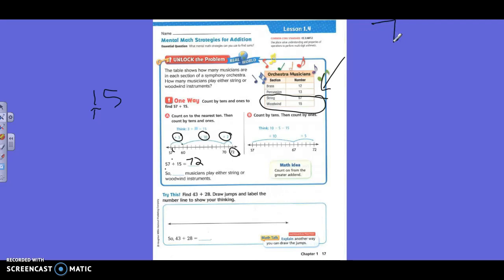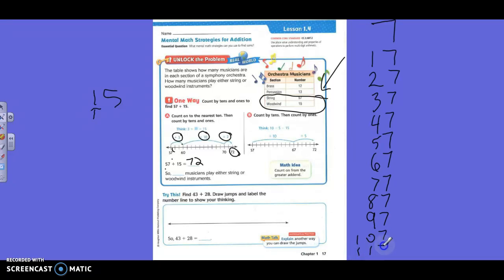It would be 7 and then 17 and then 27, 37, 47, 57, 67, 77, 87, 97, 107, 117. Okay, you see in the ones place you always have 7. And then in the tens place it always goes up by 1.